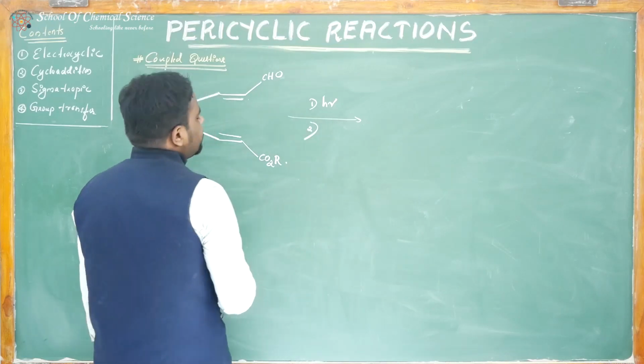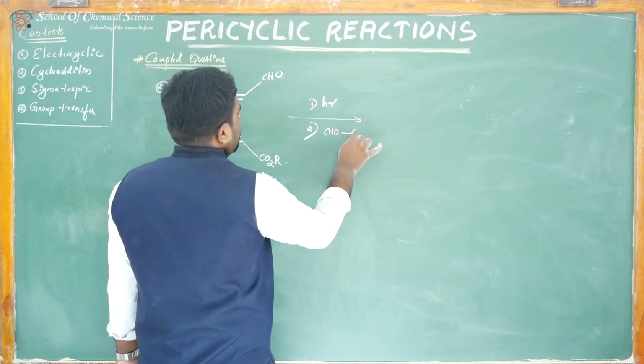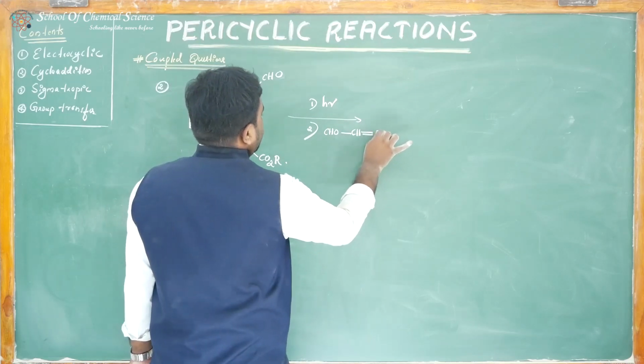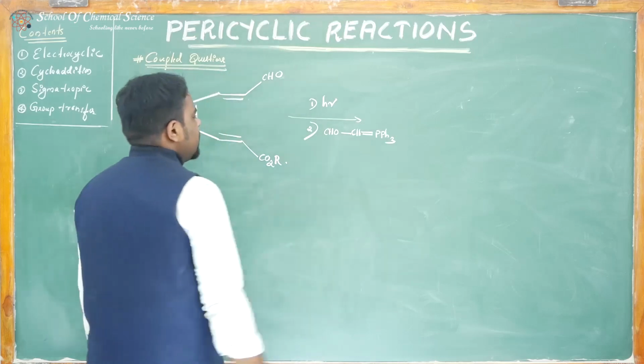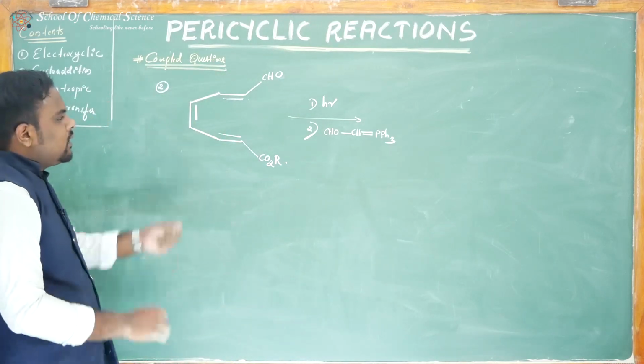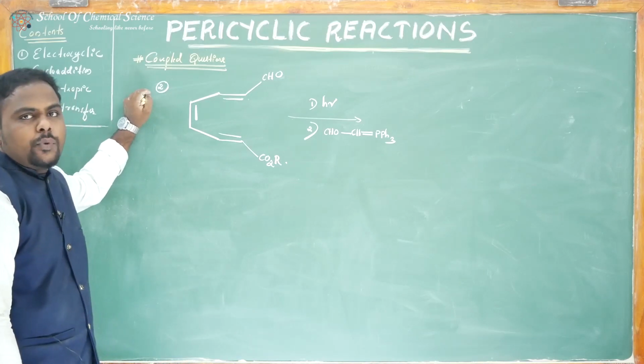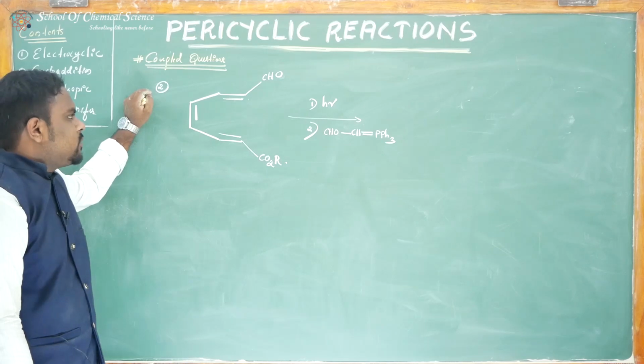Second condition, CHO, CH double bond PPh3. That is the reactant. So how can you write the product? That is my question.